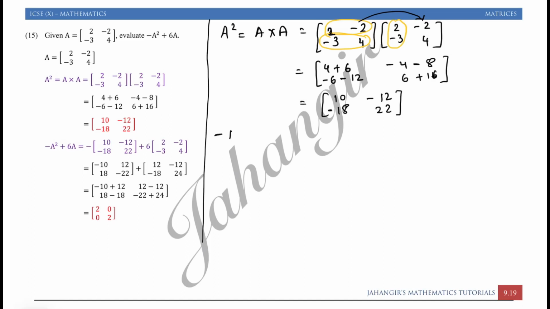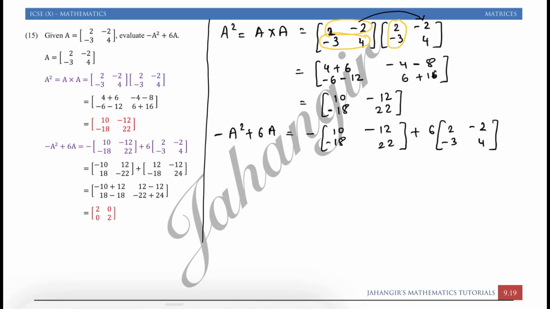Now what we will write? Minus A square plus 6A. So that is minus A square, that is 10, minus 18, minus 12, and then 22, plus 6 into A. A is 2, minus 3, minus 2, 4.